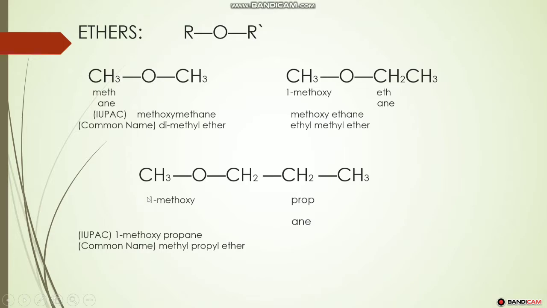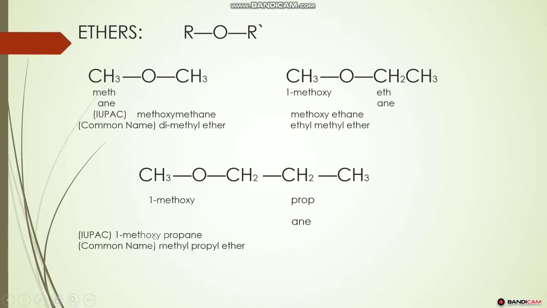For the third example, again, let's find the longest chain. We have here 1, 2, 3 carbons, so we can give the first name as prop, and ane as the last name because it is single bonded. For its substituent, on its left side we have again 1 carbon, so we can name it as meth, then change the last name into oxy because it is attached to oxygen.